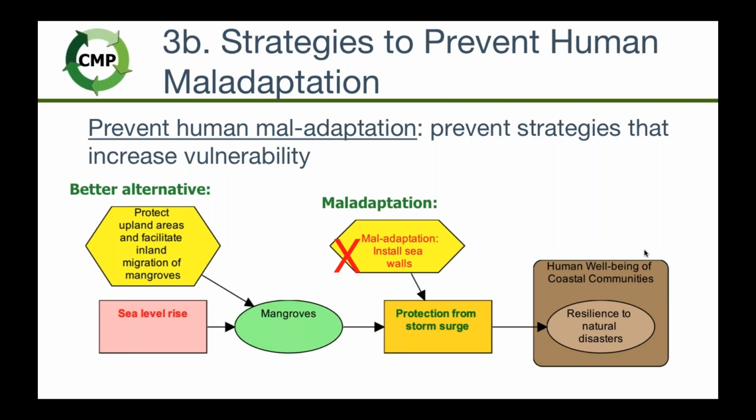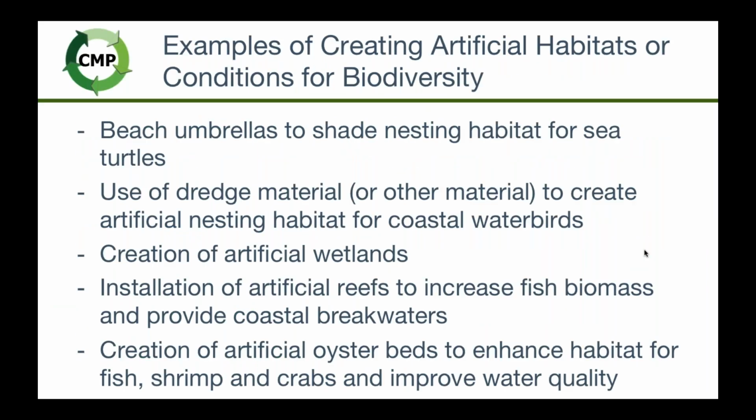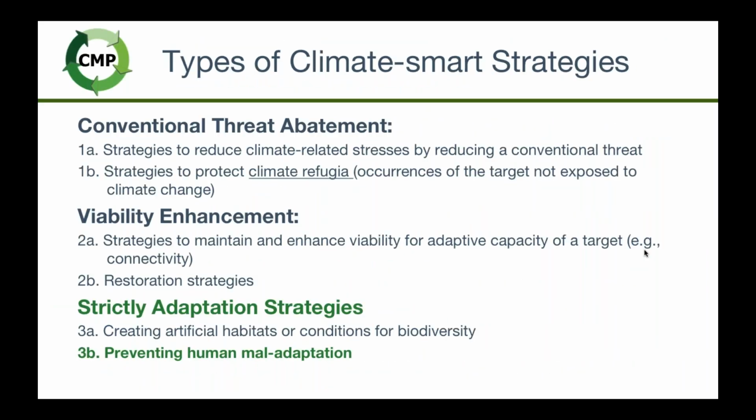No? Okay. So I guess the intention of developing these categories is just to help people to think about climate smart strategies and different types of climate smart strategies to keep in mind. Climate change is really overwhelming, and it's easy to just feel like, oh my God, this is too much.